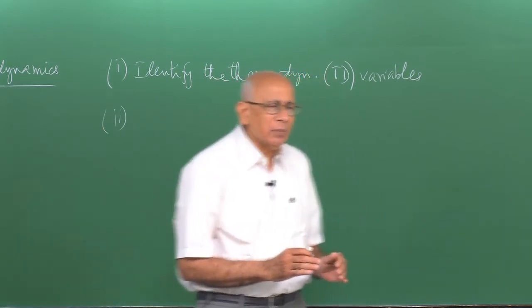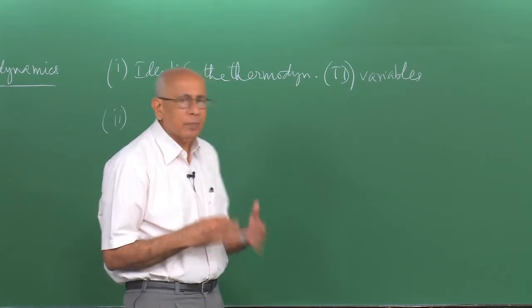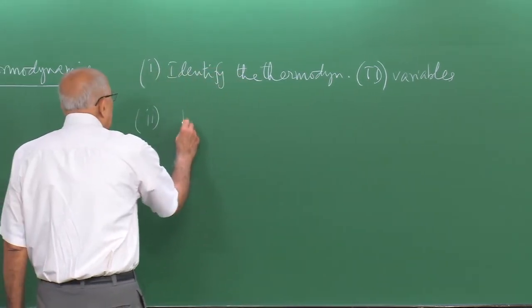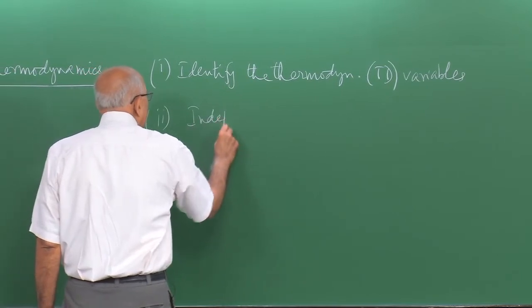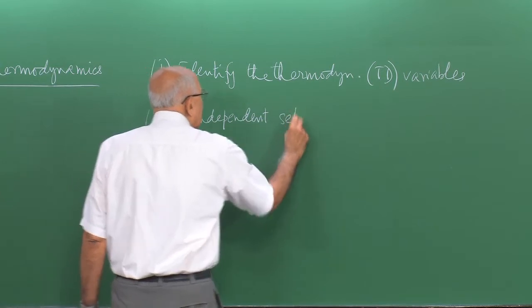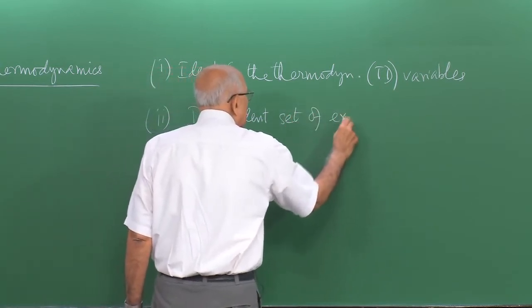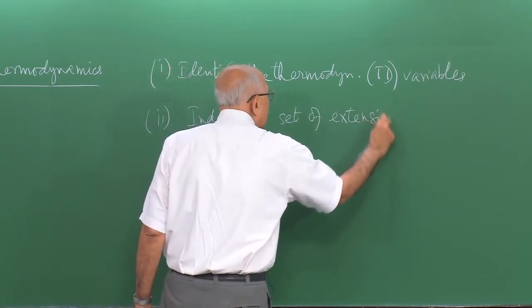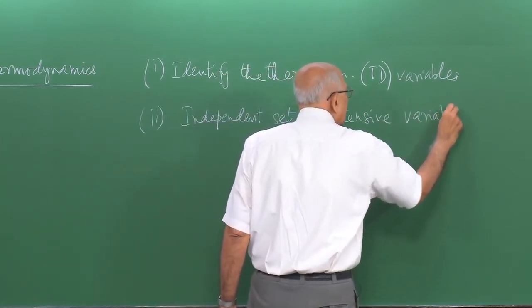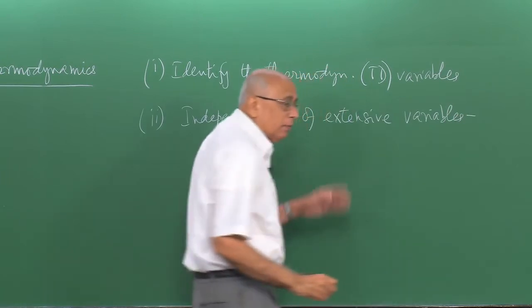They define in some sense the response of the system to various stimuli. So we need to identify the independent set of extensive variables, and there are several ways of doing this.